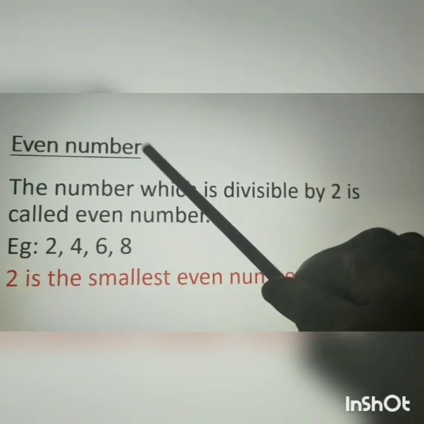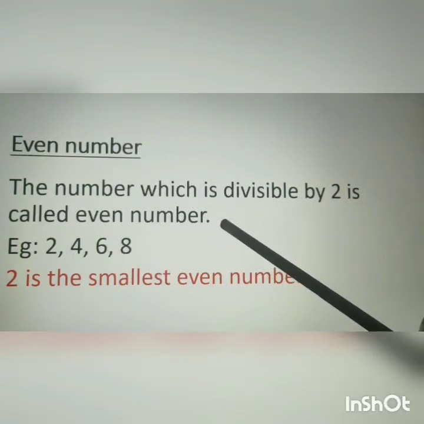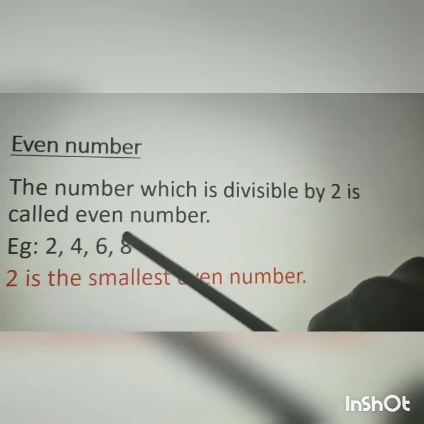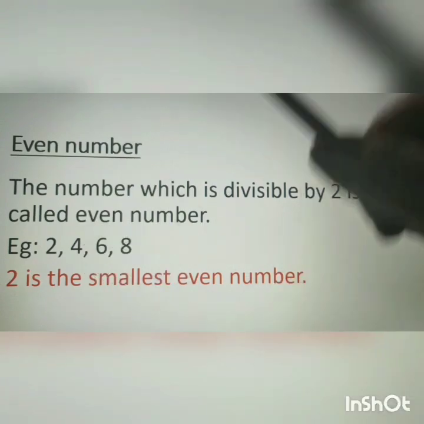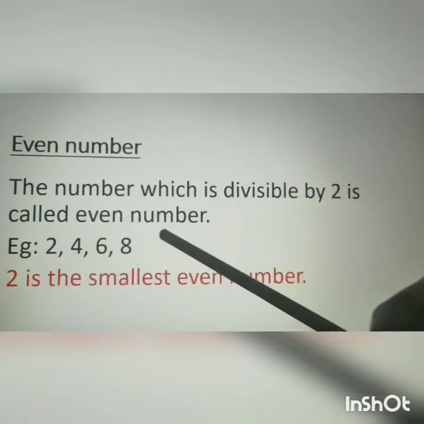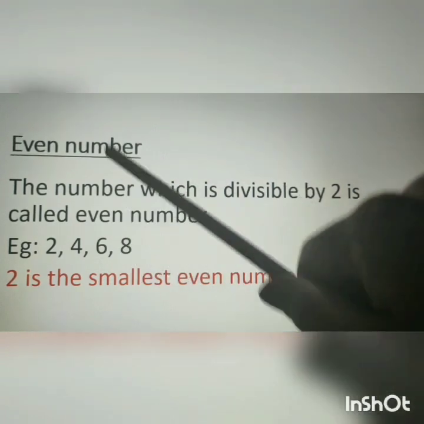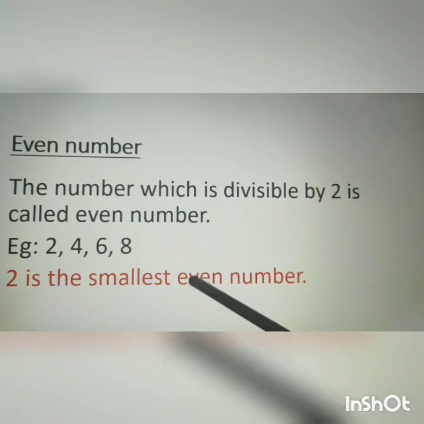What is an even number? The number which is divisible by 2 is called an even number. Example 2, 4, 6, 8, etc. These are multiples of 2 and when we divide these numbers by 2, we get remainder 0. Such numbers are called even numbers and 2 is the smallest even number.